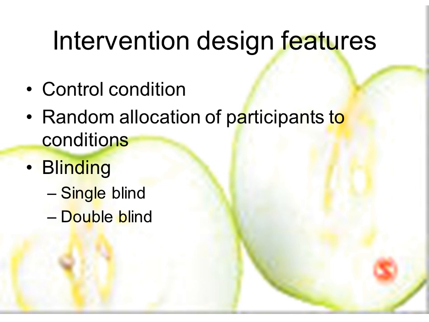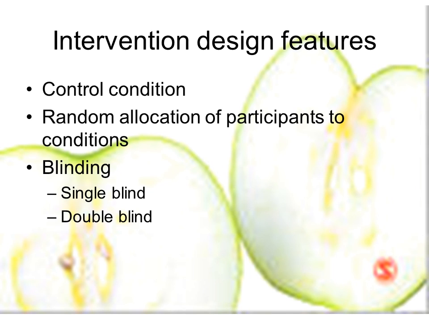Intervention design features that are kind of similar and kind of predictable in what you see in different trials that are out there, which definitely apply to the medical field.